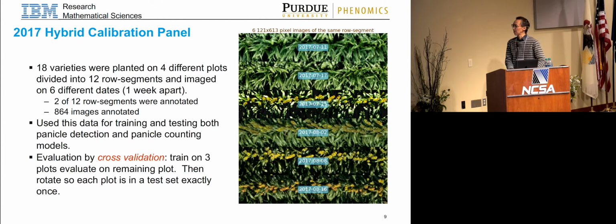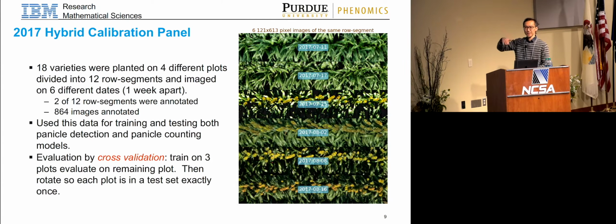Here are some examples of image data. They come from part of the fields at Purdue they call the hybrid calibration panel, where they had 18 varieties, which were planted on 4 different plots divided into 12 row segments. And they were imaged at 6 different dates, each about 1 week apart.